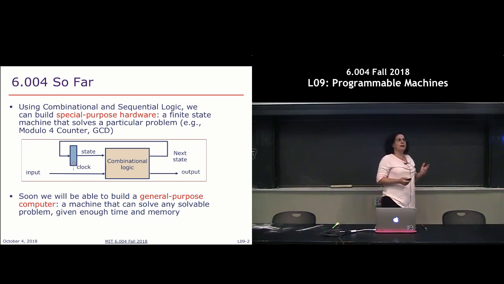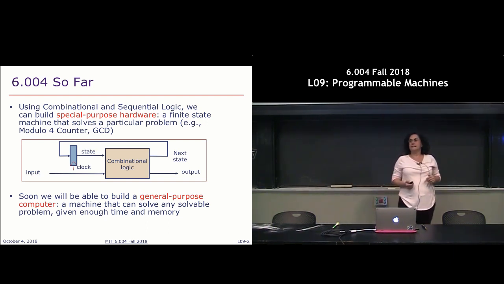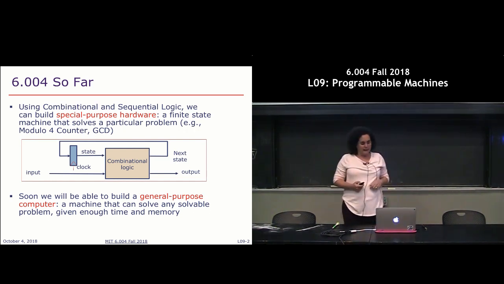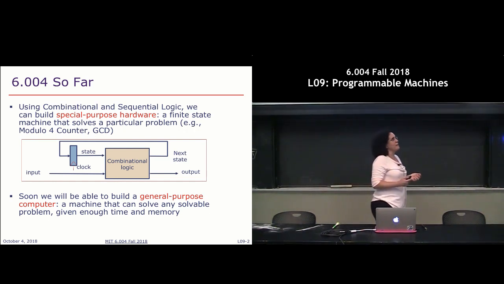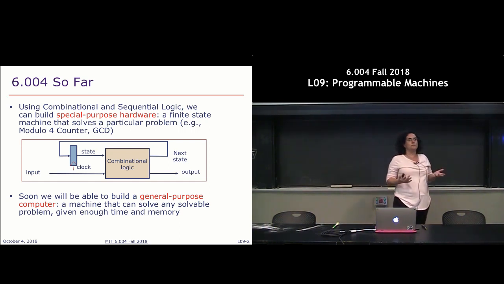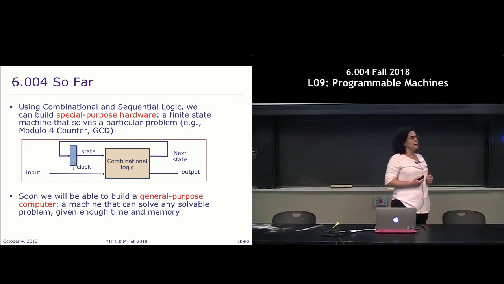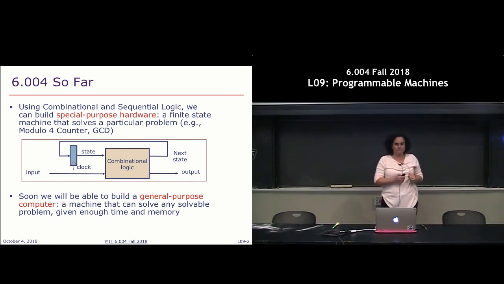So what we're going to move on to in the second part of the course is we no longer want to be focused just on a specific special purpose hardware, but rather we want to move on to building a general purpose computer that could solve any computable problem as long as it has enough memory and enough time. All right? So that's our goal for this next section of the course.